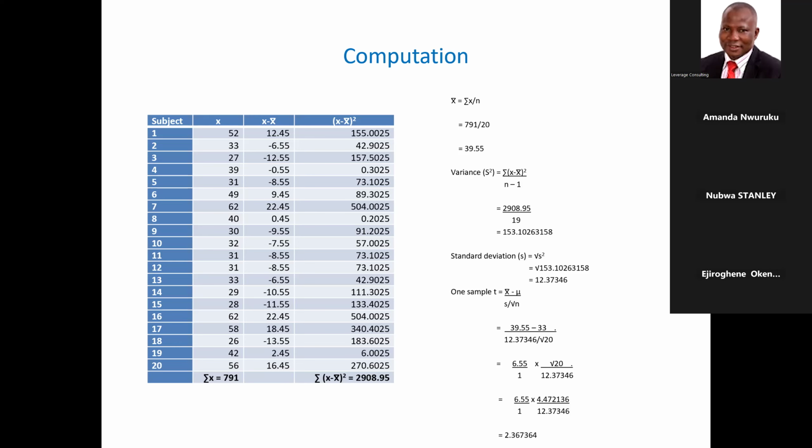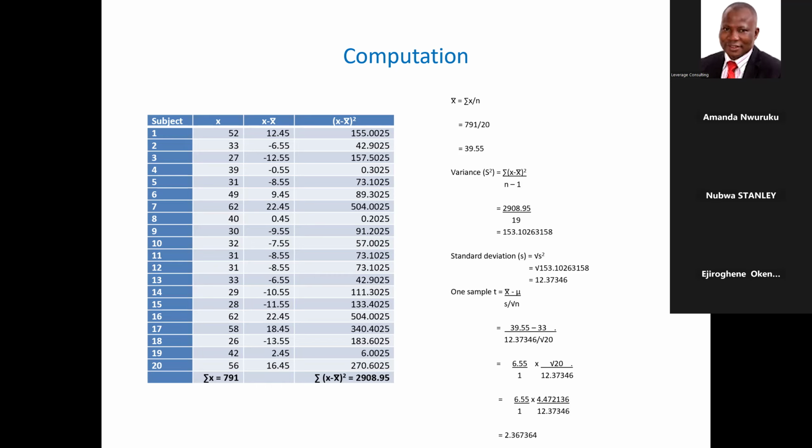Of course, you know that the unit of the mean is the same as the unit of the variable. If x is age, the mean is also in years. The mean age is 39.55 years.